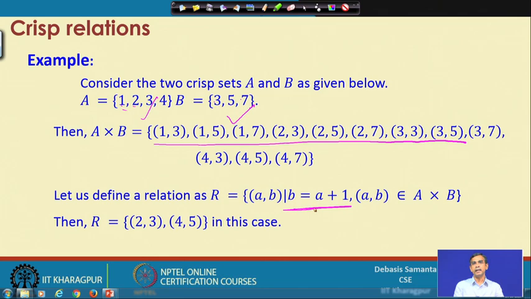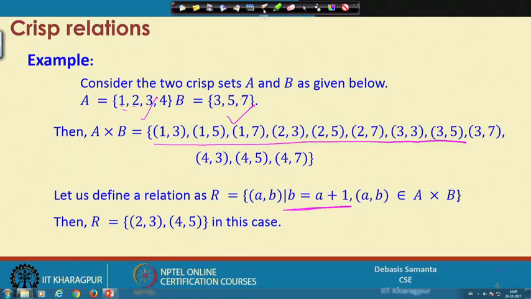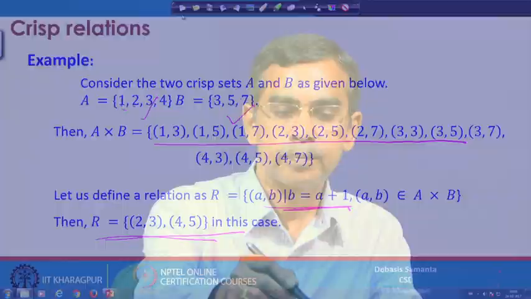If it satisfies, then it gives a particular set, which is the relation shown here. So, a relation is basically a collection of ordered pairs which satisfy a particular mapping or a particular definition.